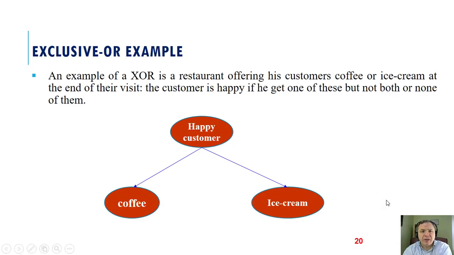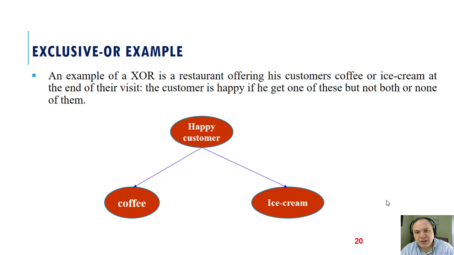So if you're not comfortable with logic, let's take a real world example. A real world example of the XOR statement is, suppose we have a restaurant that gives a gift to its guests at the end of their meal, and this gift is coffee or ice cream. If the restaurant gives coffee, the customers will be happy.